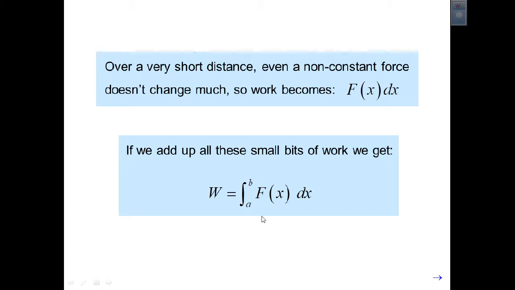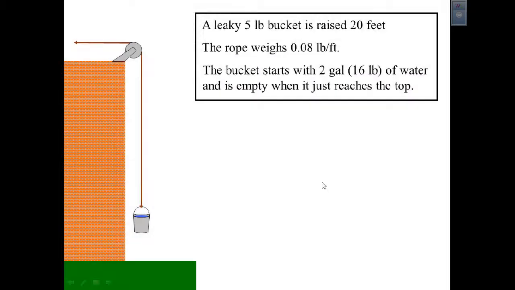Much like we've done with absolutely anything, we're thinking about the little rectangles, but the small bits of work are our rectangles, and they are over an infinitely small bit of distance in this case.